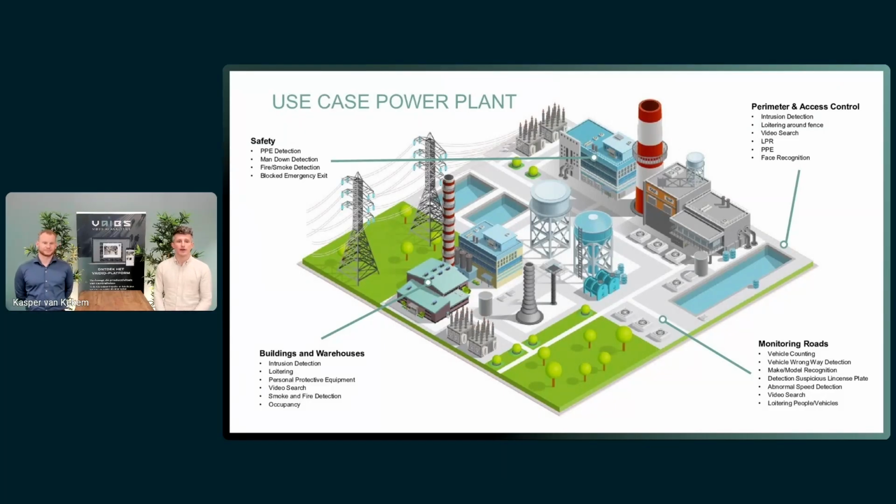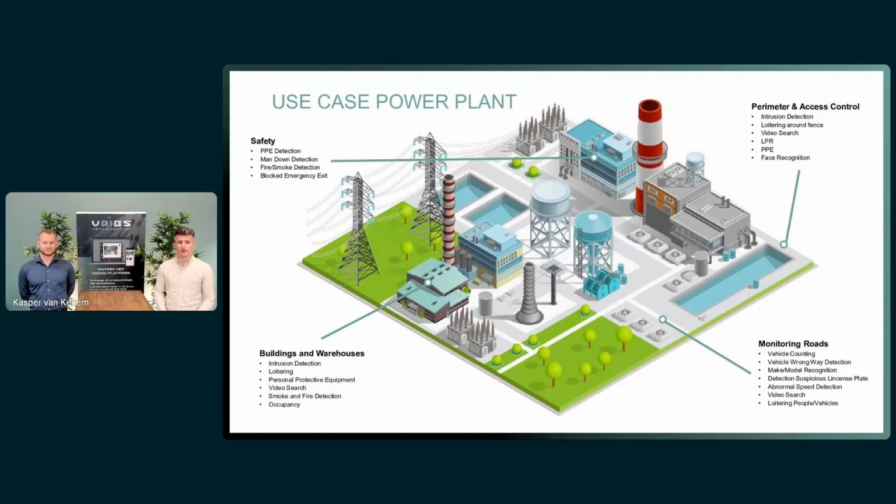So when there is a vehicle at a time or place where it shouldn't be, you can get a detection. But also in terms of workplace safety, you can use your cameras with Vision AI to determine if the workers are using the right protective equipment. If not, you can get a detection from that.